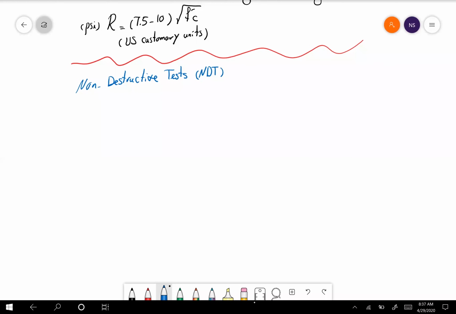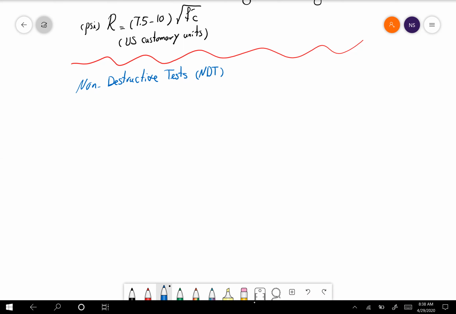Or in rail tracks, they do a lot of non-destructive testing to monitor the performance or initiation of any cracks before they happen. And they also have applications in pavements and other types of structures.